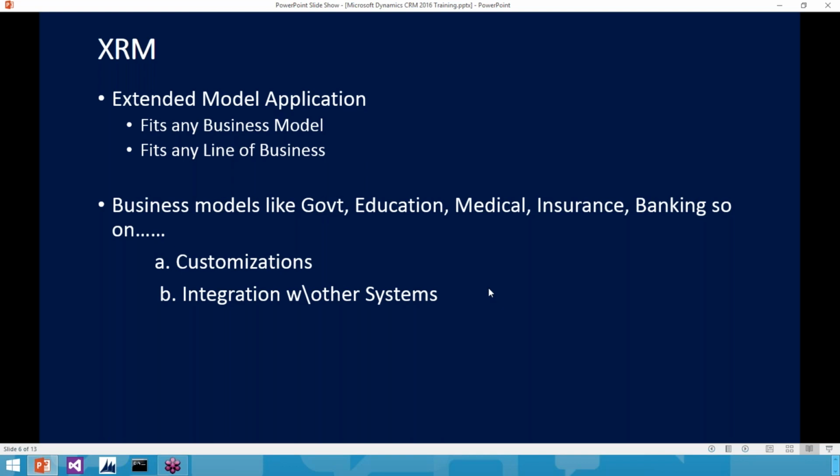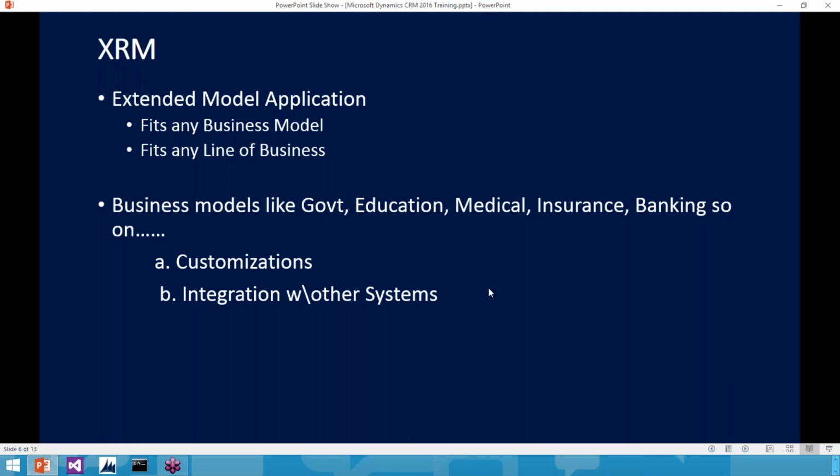And the other good thing is integration with other systems. For example, if a hospital tries to implement a CRM system, they don't have to get away from or decommission their legacy systems. They can just integrate their old systems with the new CRM system, and they can use the CRM as their front end.